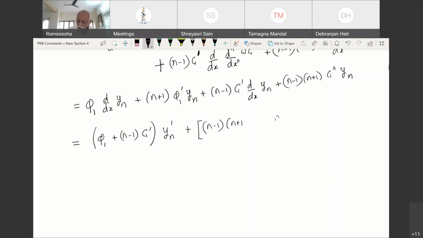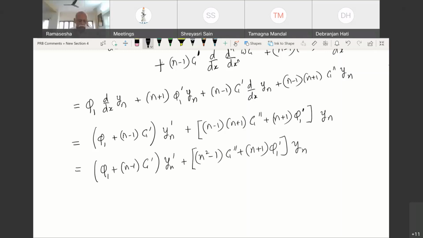Or I can still simplify further. I will get p1 plus n minus 1 g prime yn prime plus n squared minus 1 g double prime plus n plus 1 p1 prime yn.